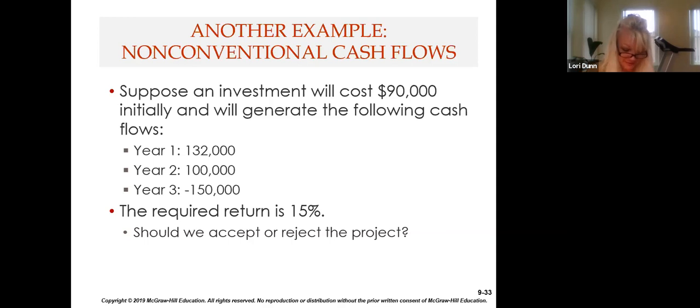Oh, I forgot the comma. Open up the bracket and then put your positive first year cash flow, comma, second year's cash flow is positive, comma, and then don't forget negative 150,000 for that third year. You want to close your bracket and then close your parenthesis. And you get 10.11%.